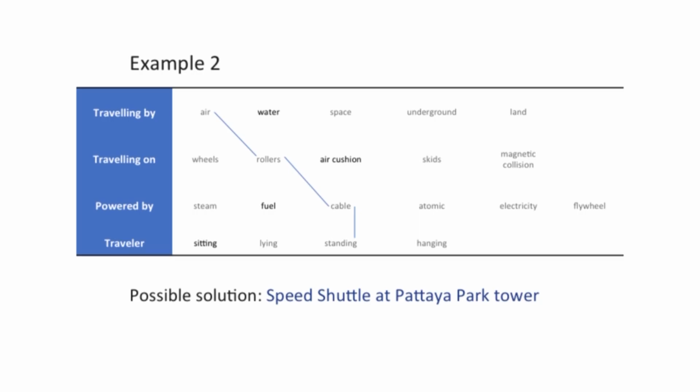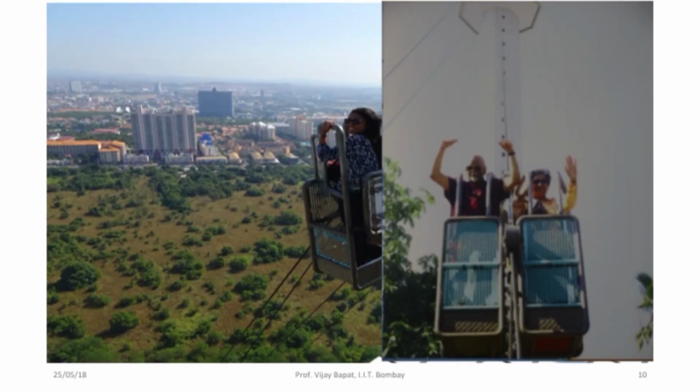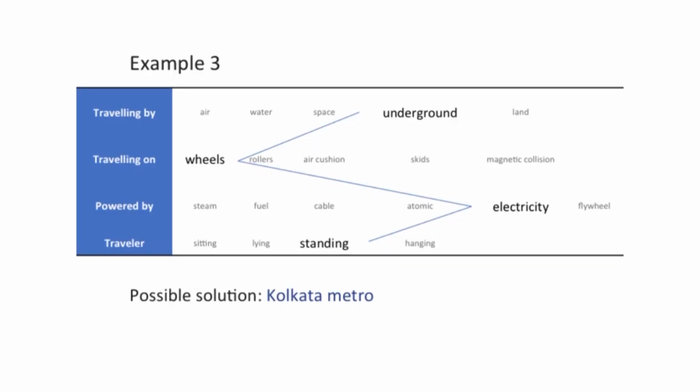Air, rollers, cable, standing posture can result in a rapid transit system. And look at the drop from 170 meters in 60 seconds. Or it can be underground: rollers, electricity, standing posture.